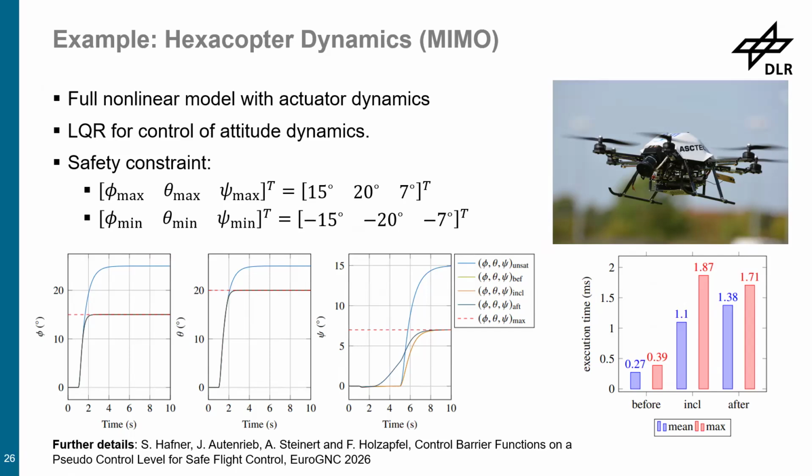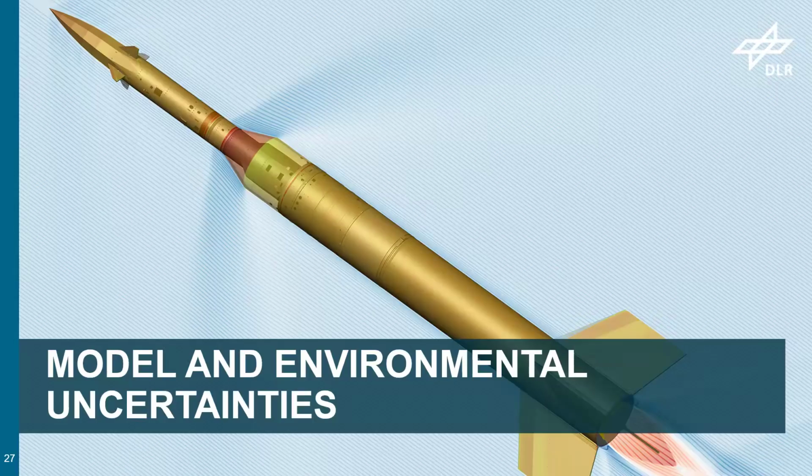All of the settings work, but some of them have some benefits or not, and it's always an engineering question how you choose your architecture. Right. Any questions to that? No? Okay, that's good. Then we can dive into the, for me personally, more interesting field: model and environmental uncertainties.